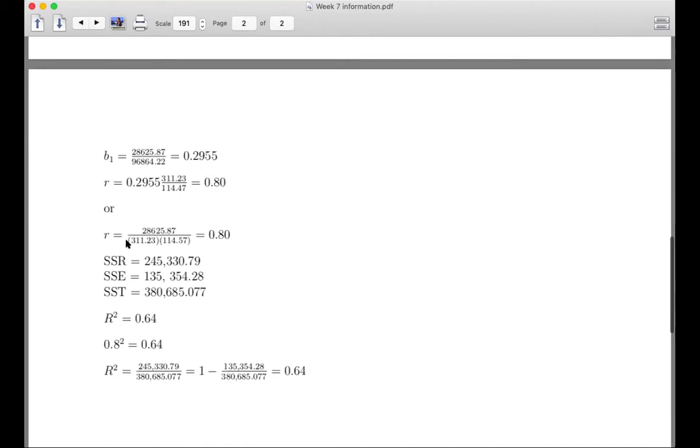Okay, so now what I want to do is start talking about our last measure of correlation, that is R squared. So now let me go to the whiteboard. Okay, so R squared.